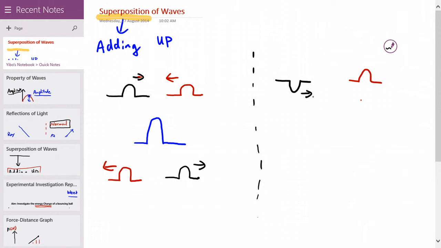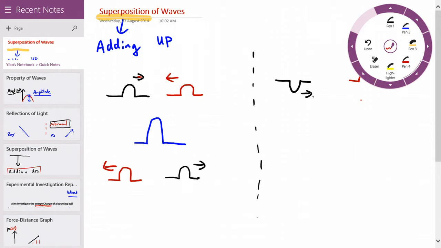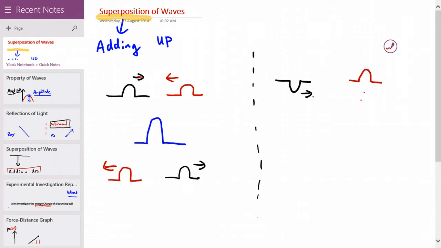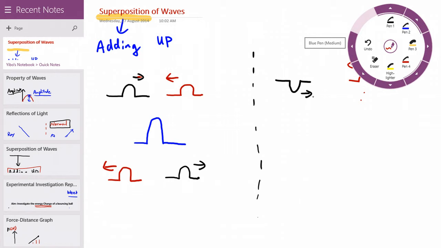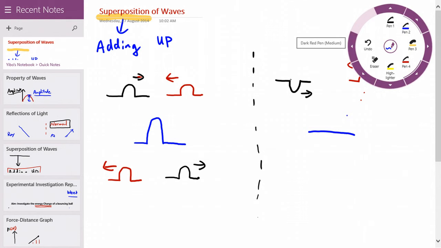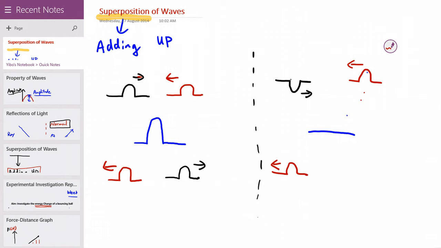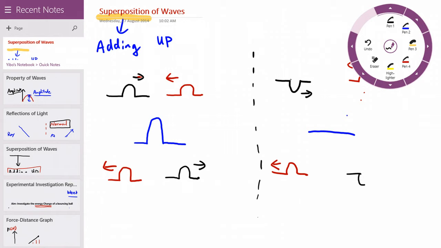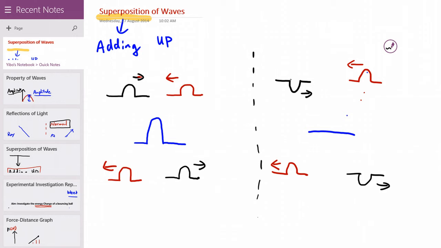When they meet, the wave cancels out. We have this wave adding with this wave, and I have a straight horizontal line. Then afterwards, I have the red wave like this, and a black wave that goes like that. It's also called the superposition of waves.